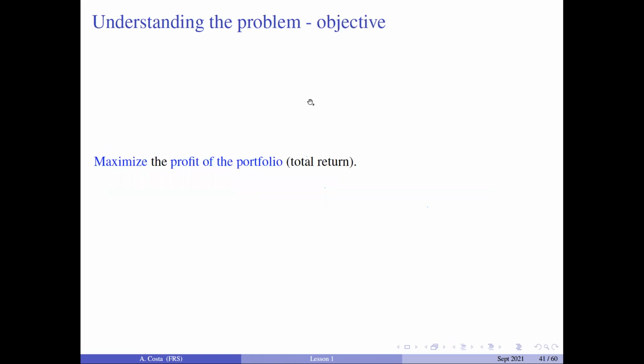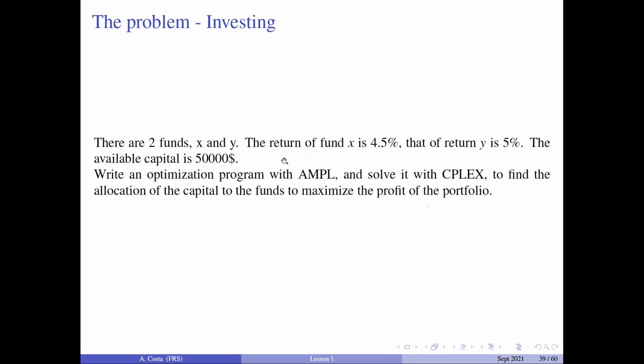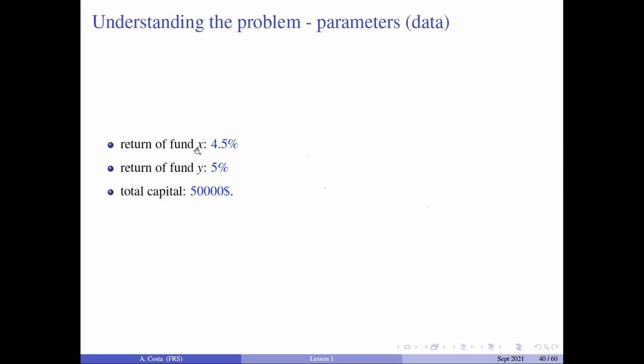Now, let's try to understand the problem according to what we have discussed so far. What is the data file? Well, we need to look at the parameters of the problem, so the data. The numbers we have seen here in the description are three. The return of the fund X is 4.5%. That of fund Y is 5%.